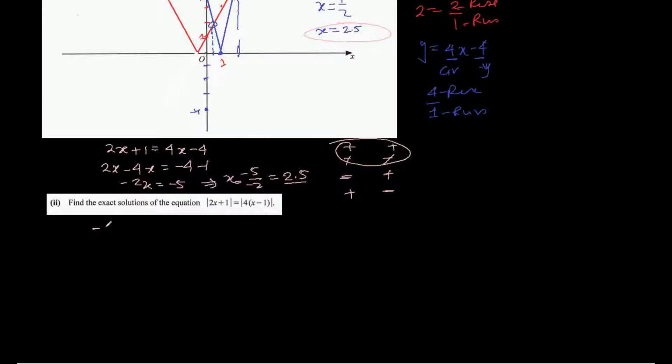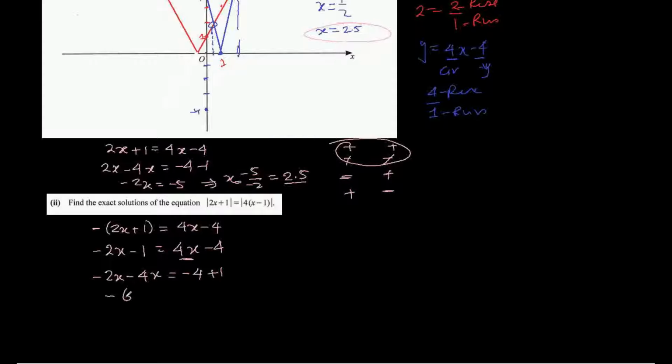So minus 2x plus 1, let's change the sign of this one but keep the other one positive. Minus 2x minus 1 equal to 4x minus 4. Let's take this 4x to the left side, minus 2x minus 4x, and bring minus 1 here, minus 4 plus 1.